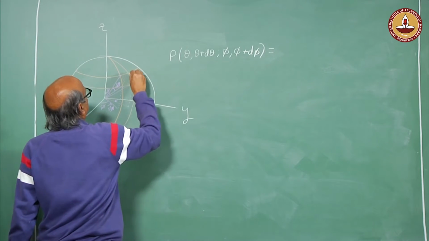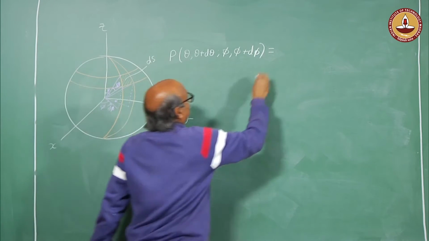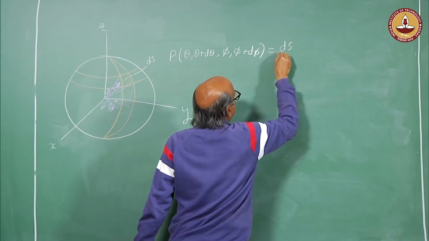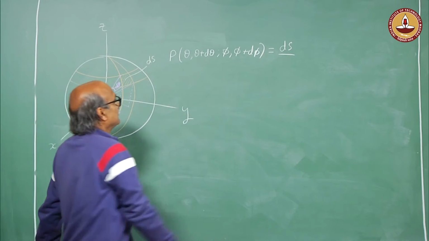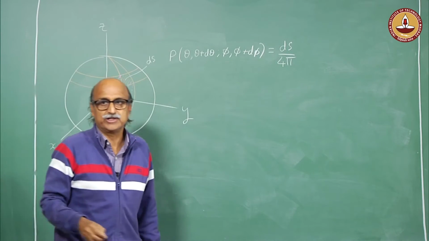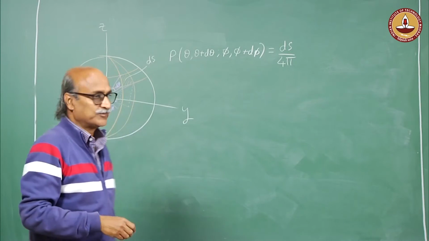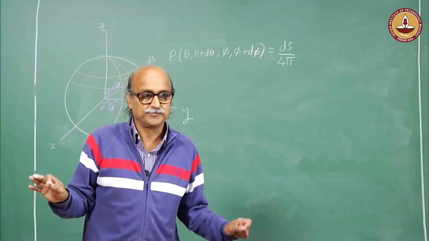If the surface area of this element is ds, then this would simply be ds divided by the total surface area of the sphere, which would be 4 pi for a sphere of unit radius. Okay. Any doubts here?